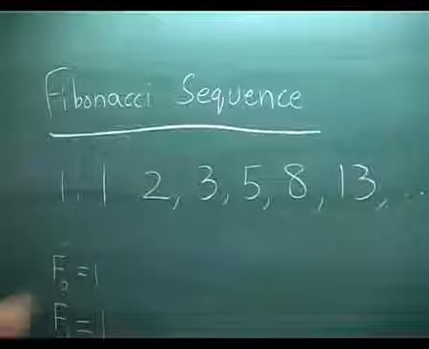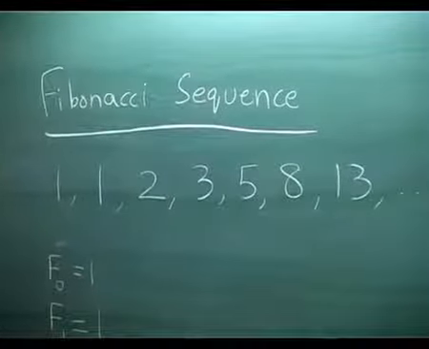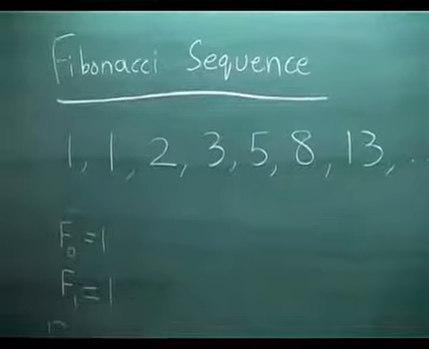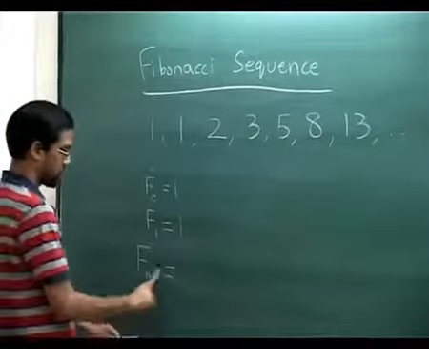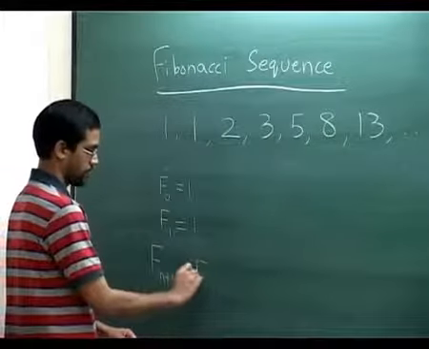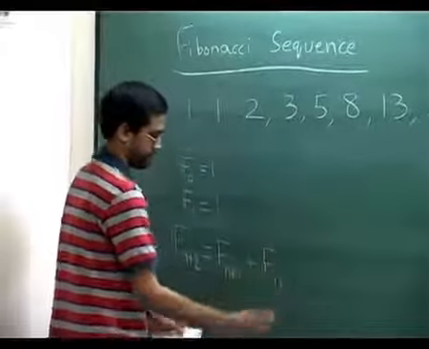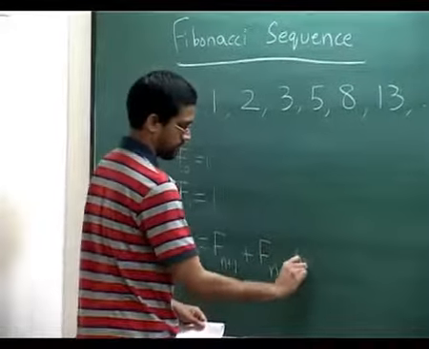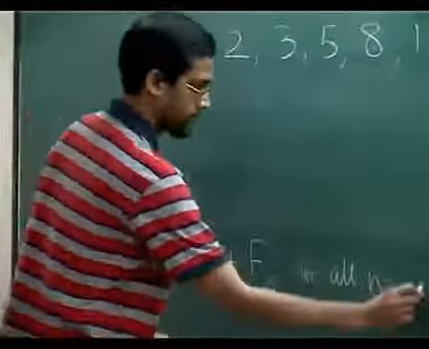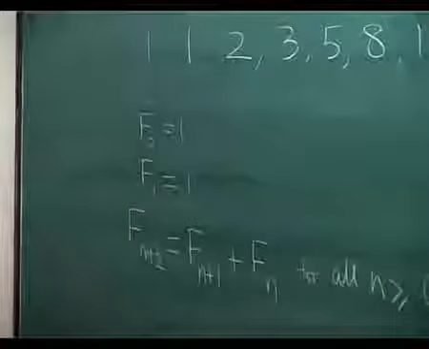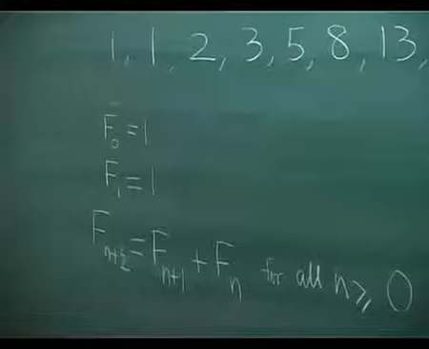And how do you generate the remaining terms? As a sum of the two preceding ones, right? So f of n plus 1 is f of, or maybe I should write f of n plus 2 is f of n plus 1 plus f of n for all n at least 0.